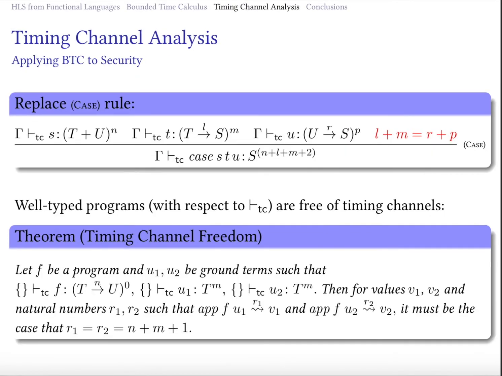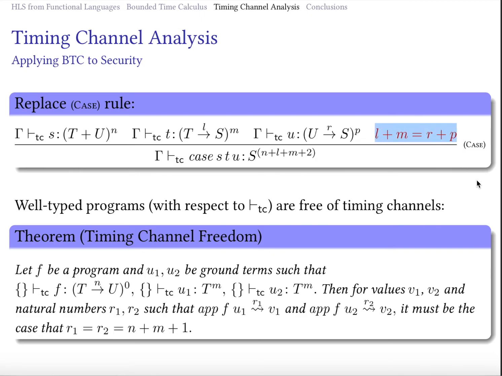We show a particular application of the bounded time lambda calculus to timing channel analysis, where we alter the type system, primarily only the case rule.